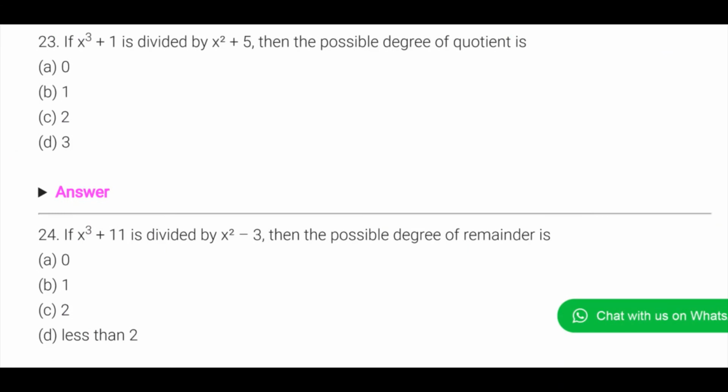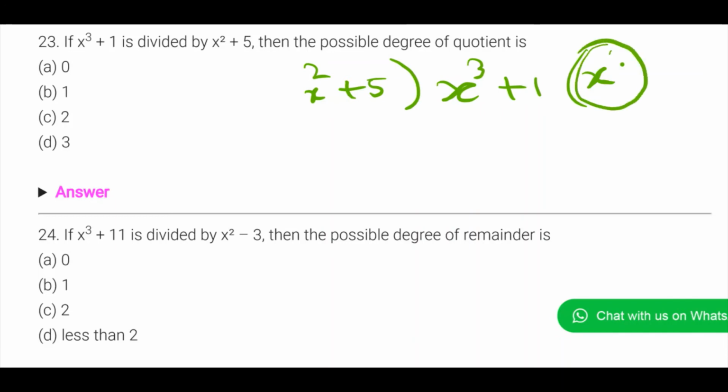23. If x cube plus 1 is divided by x square plus 5, then the possible degree of the quotient is. Here, if you divide the polynomial x cube plus 1 by x square plus 5, the quotient should always start with x.